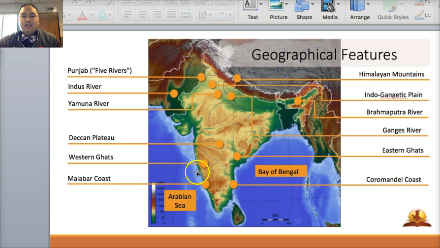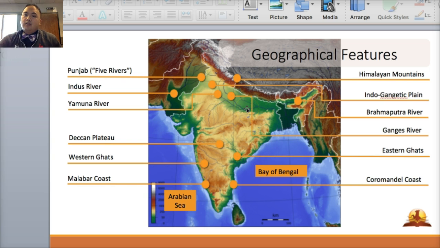India is bordered on the west and east by 2 bodies of water. On the left, we have the Arabian Sea. And on the east, we have the Bay of Bengal. Going across the east coast, instead of calling it the Malabar, it is called the Coromandel Coast. Malabar, Coromandel. Here we have the Western Ghats. Here we have the Eastern Ghats.